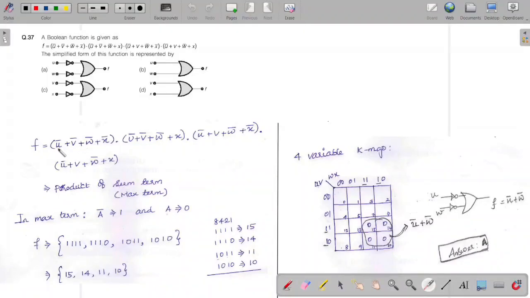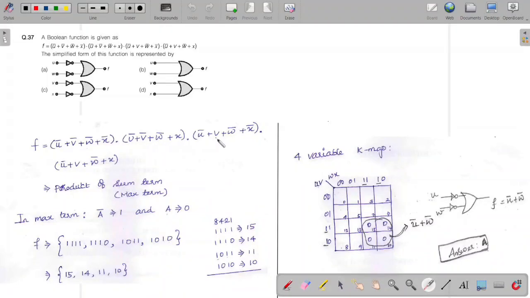Hence, the above function may be written like this. u bar is written as 1, v bar as 1, w bar as 1, and x bar as 1. Similarly, for another term, we can write 1, 1, 1, 0.